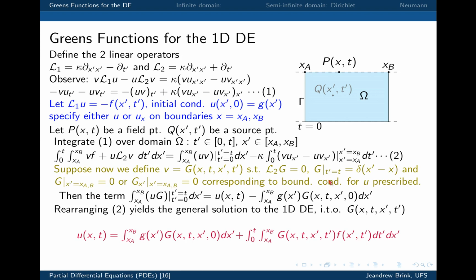And now finally I must move this term to the other side, and I have that evaluated at the two boundaries. And so I've succeeded in writing down the general solution to the whole problem just using a Green's function that obeys these properties.